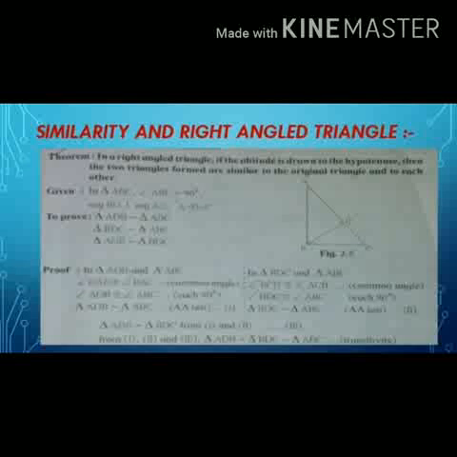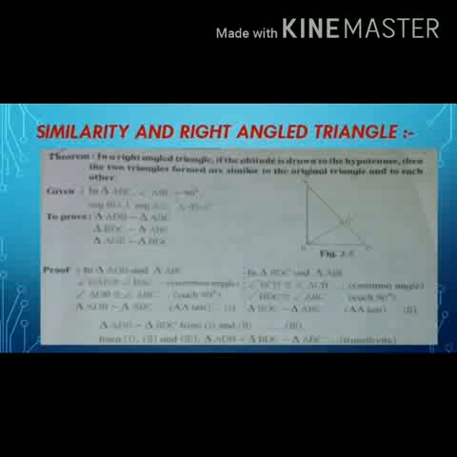This is the common angle. Then angle BDC congruent to angle ABC, because both these angles are of 90 degree, and therefore triangle BDC is similar to triangle ABC by using the angle test. We can write this as the second equation.